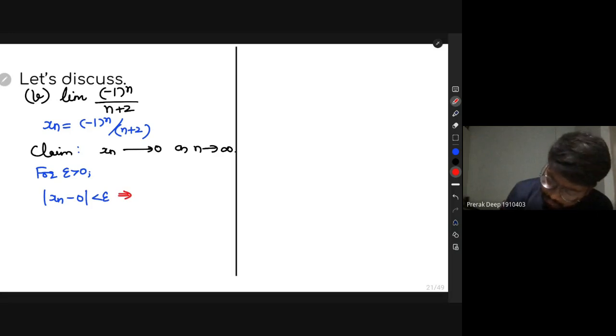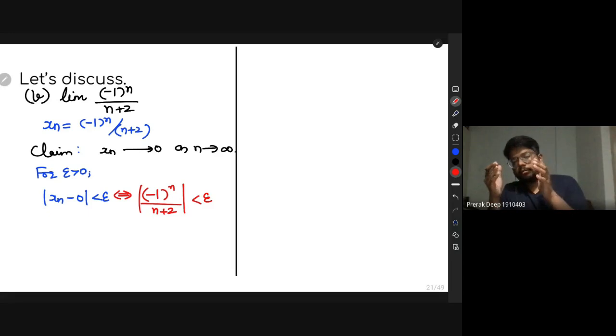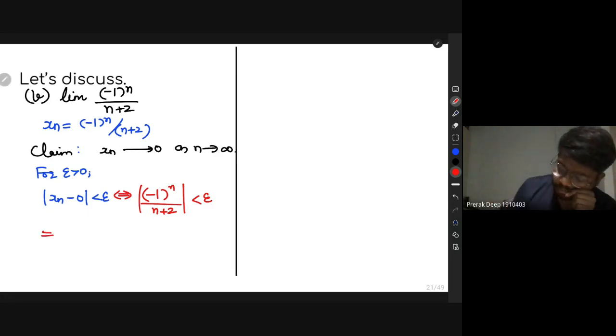Which is the same as saying that the modulus of minus 1 to the power n divided by n plus 2 is smaller than epsilon. Since I'm taking the modulus, minus 1 to the power n just becomes 1. So it is 1 over n plus 2.